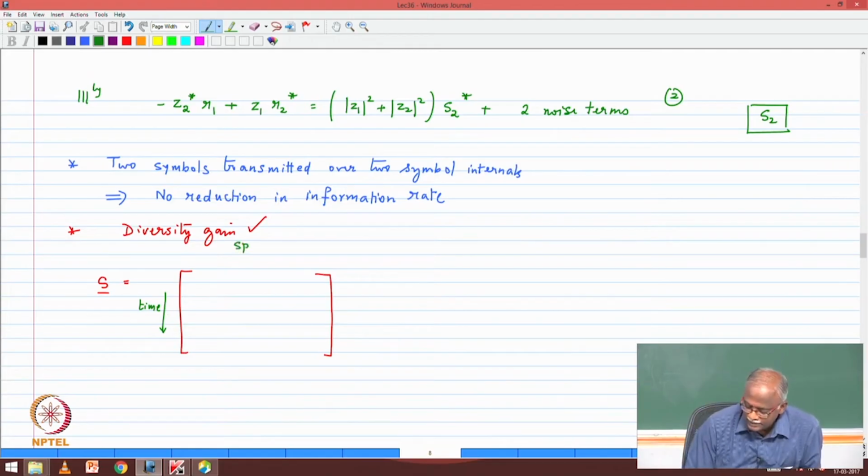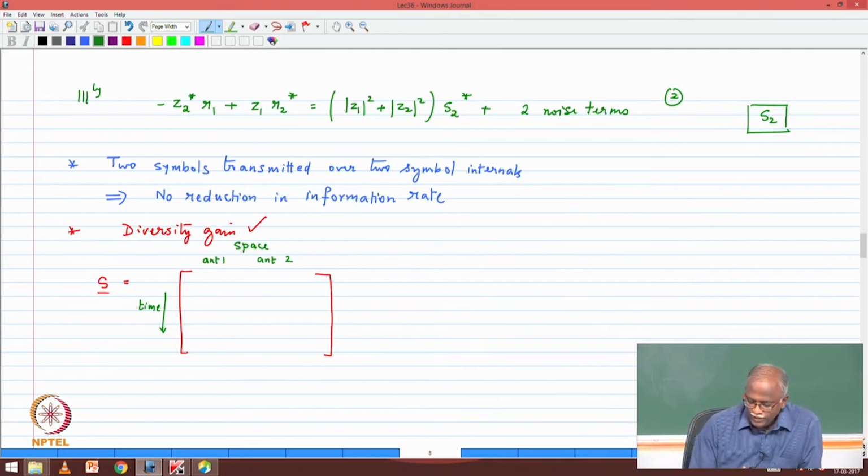This is space. So whatever I'm writing on the first column is a symbol transmitted by antenna 1, and the second column by antenna 2. So please fill in this matrix. Antenna 1 at time instant n equal to 1 transmitted S1, at time instant n equal to 2 transmitted S2. But on the other hand, antenna 2 transmitted minus S2 conjugate and then S1 conjugate.